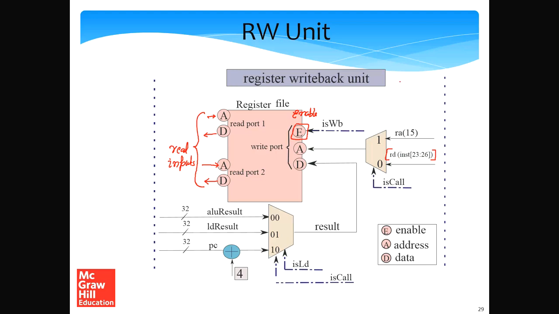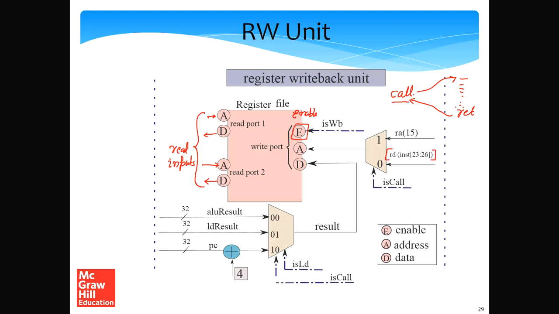The call instruction is very special in the sense that what it does is we jump to a function, execute all the things in the function, and at the end we call a ret instruction, and with the ret instruction we come back to the instruction just after the call.